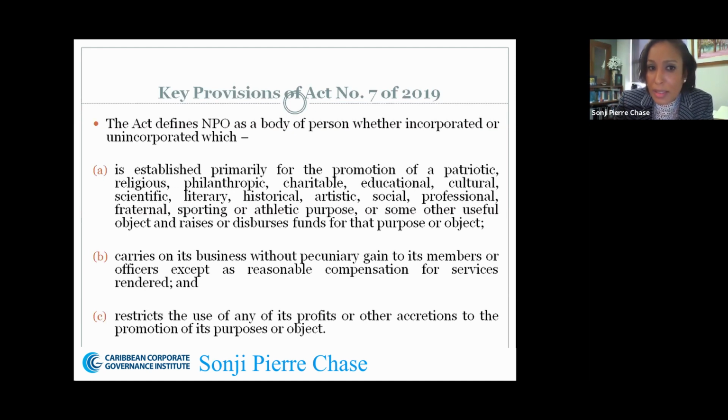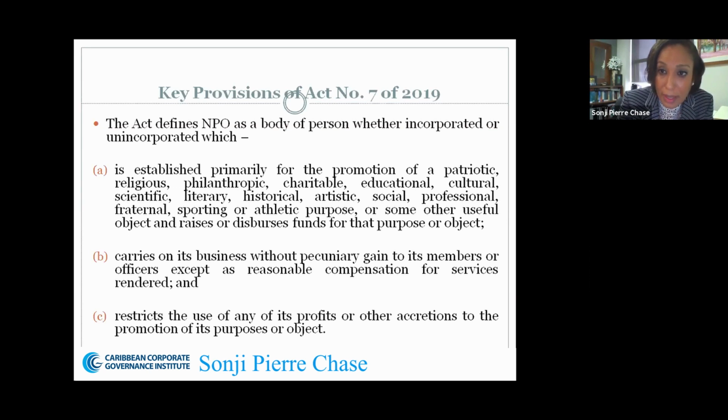So the Act defines an NPO as a body of persons, whether incorporated or unincorporated. We went through that already, which is established for the purposes, and the same purposes I read out for you. And the purposes that I read out for you 2 slides prior were actually taken from the Companies Act, Section 308, which deals with the incorporation of a non-profit company.